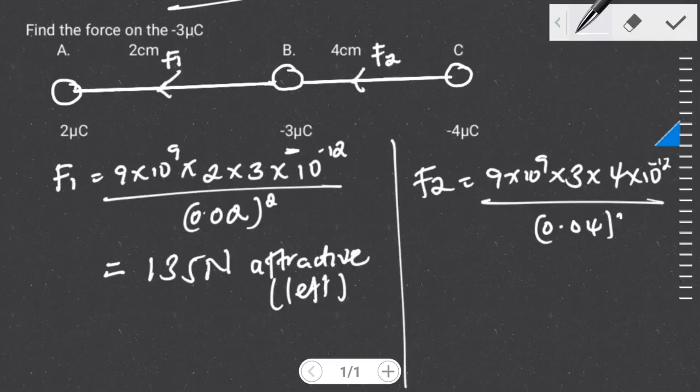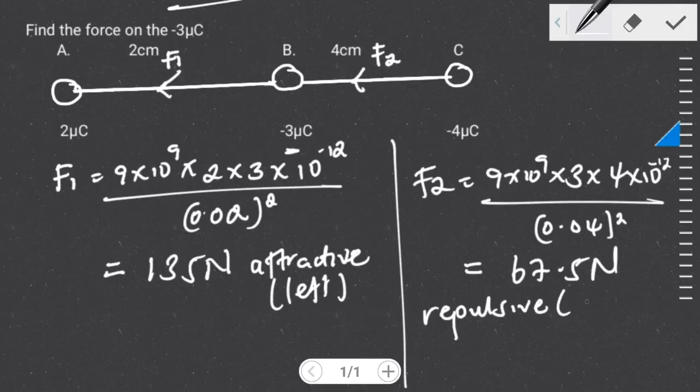This would be equal to 67.5 newtons, but this would be repulsive. In which direction? This would also be to the left.